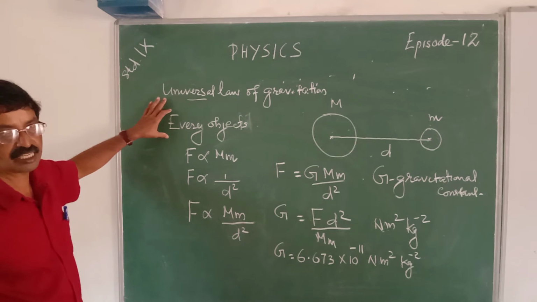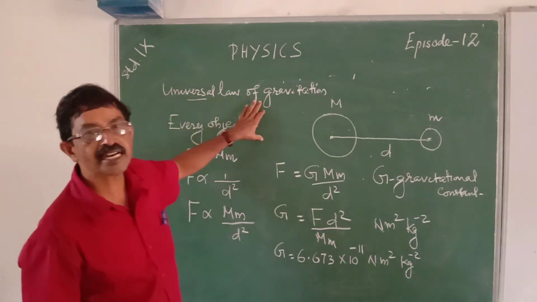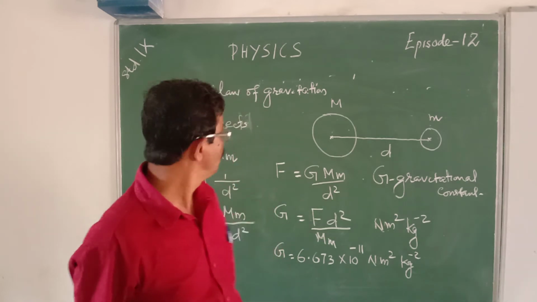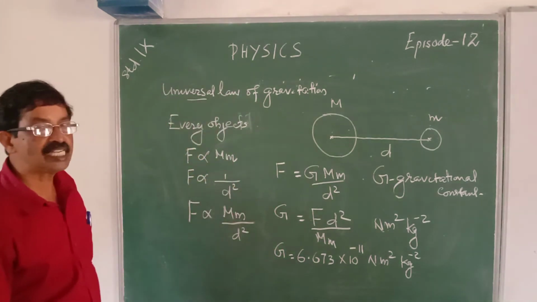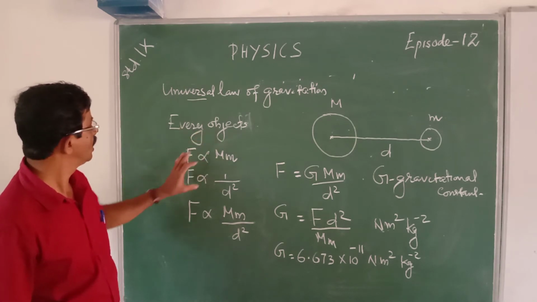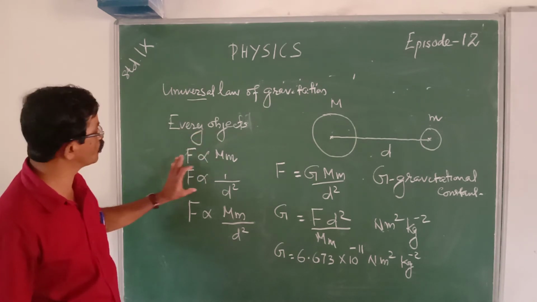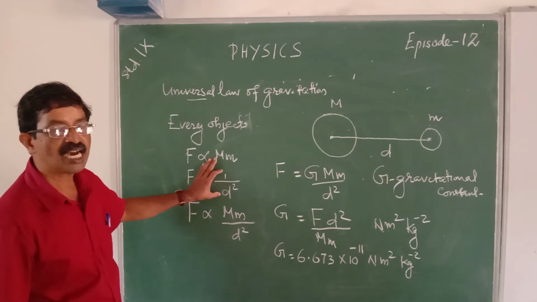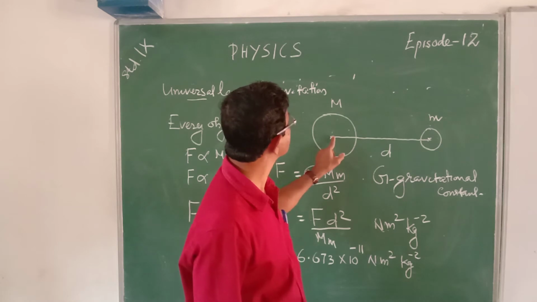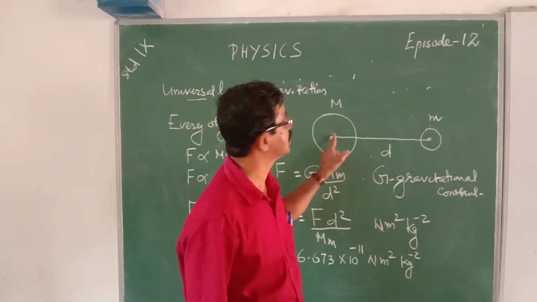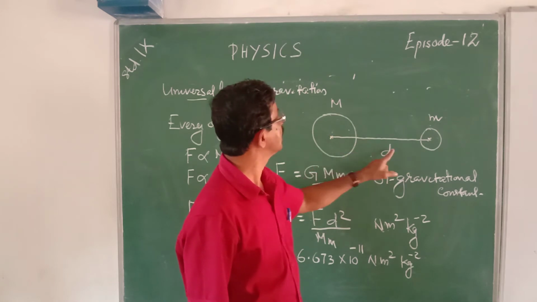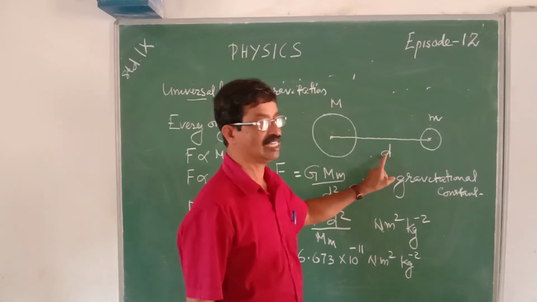Every object in the universe attracts every other object with a force that is directly proportional to the product of their masses and inversely proportional to the square of the distance, and this force acts along the line joining the centers of the masses. That distance we took as D.